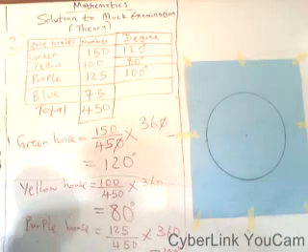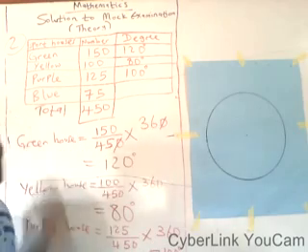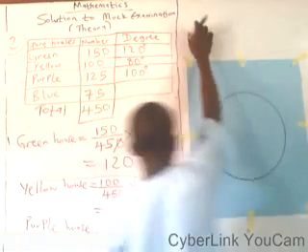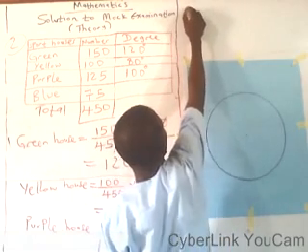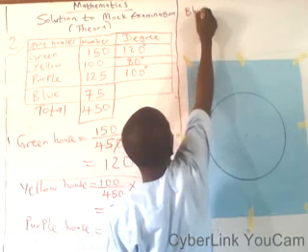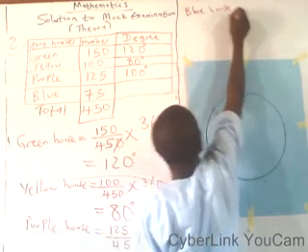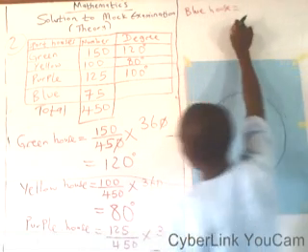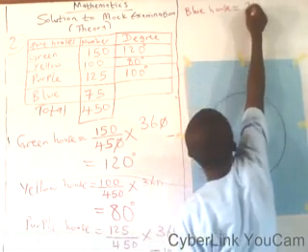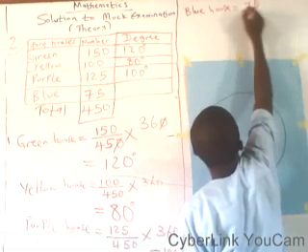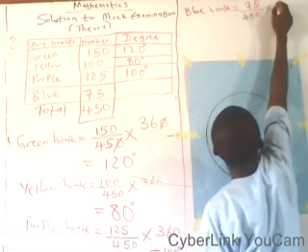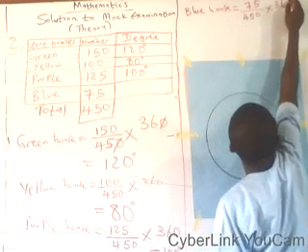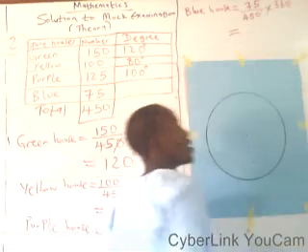Now for blue house, how do we determine it? Let me use the upper part here. For blue house, the number of students in blue house is 75, all over the total, which is 450, multiplied by 360 degrees.